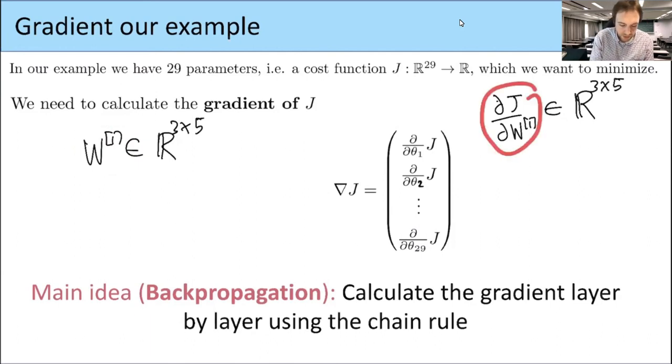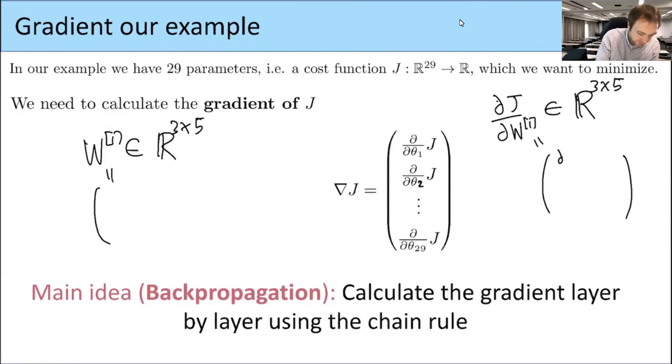The entries of this matrix, let's say this matrix has the entries L11, L12, up to L15, and here L31 up to L35.